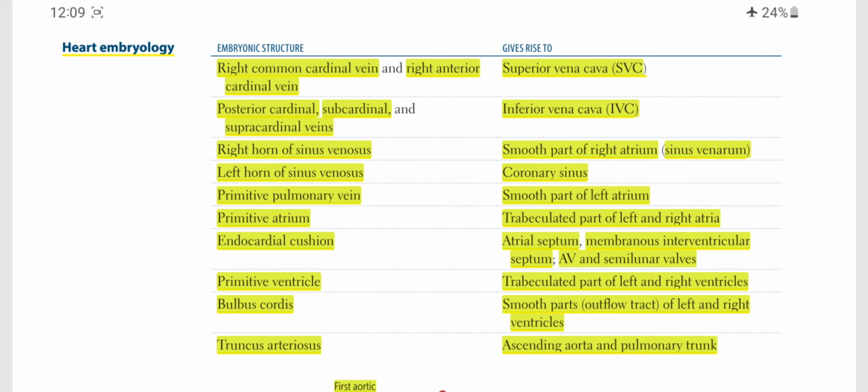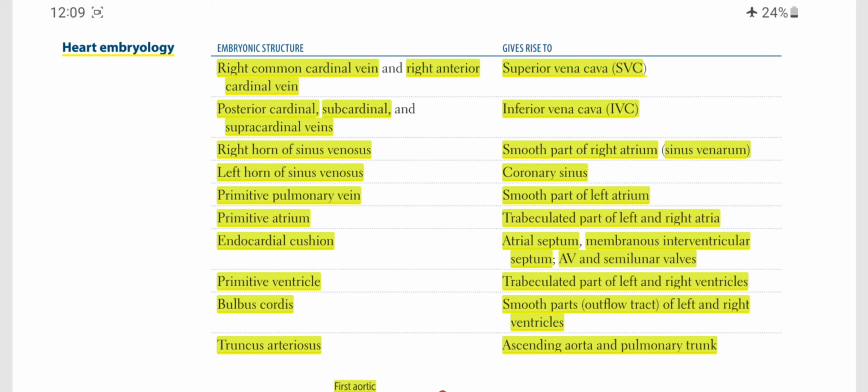Endocardial cushion gave rise to the atrial septum, membranous interventricular septum, then AV and semilunar valves. That means the aortic and pulmonic valves.